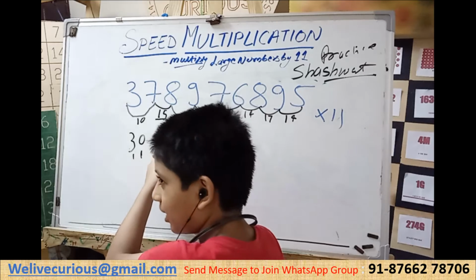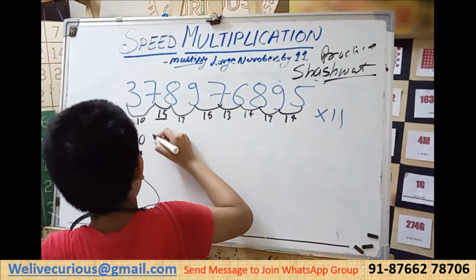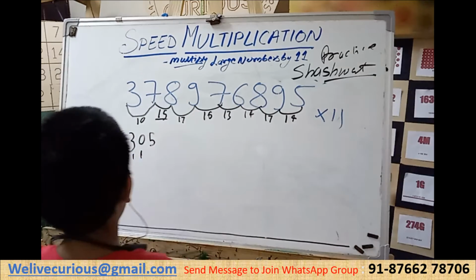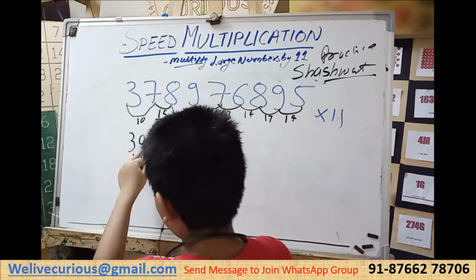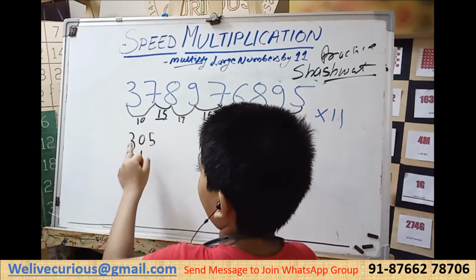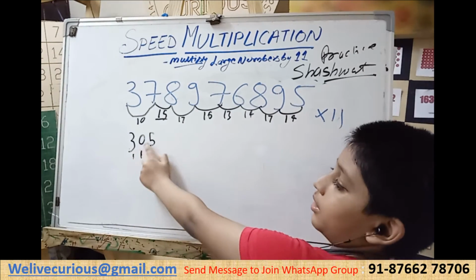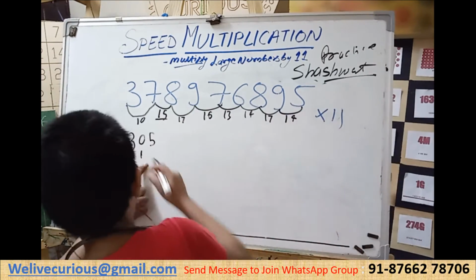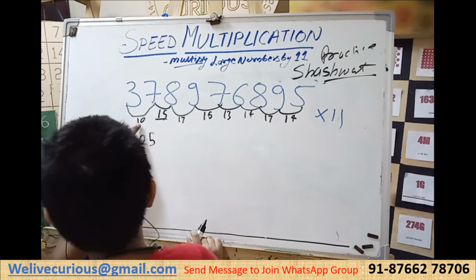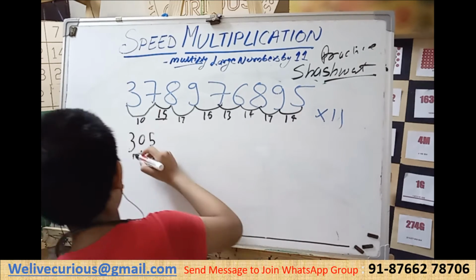Of course, why not? If it is 0 then we have to write 0. 5. See here, I'm going to tell you. 1 and 0 is 10. This is 15. 1 and 0 is 10, 1 and 5 is 15, like that.